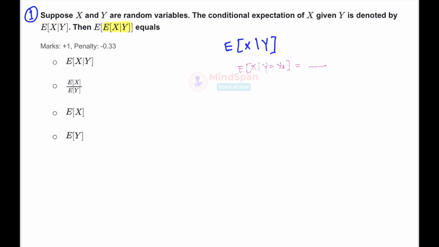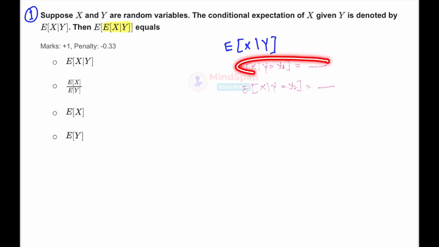Or maybe y takes another value, and based on the condition we are imposing, we will have another value, right? So capital Y is a random variable, and depending upon whatever y takes, we will have the conditional expectation, which will be some numerical quantity.